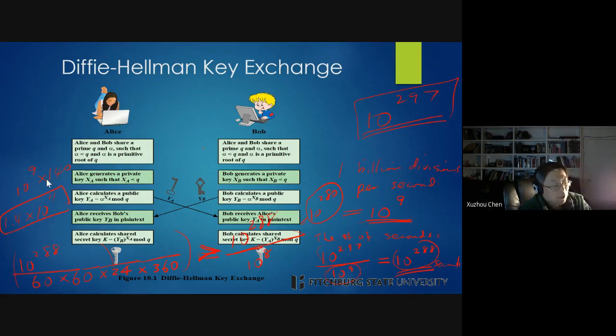So that's the life of our Earth. That means if you start to compute this factoring problem, it's not going to work. It's much longer than the life of Earth. So that basically tells you what it means.